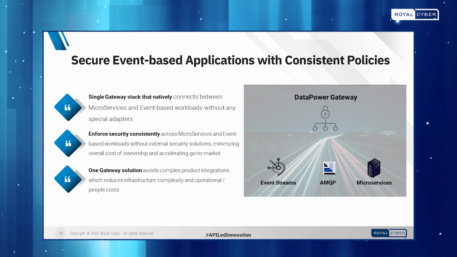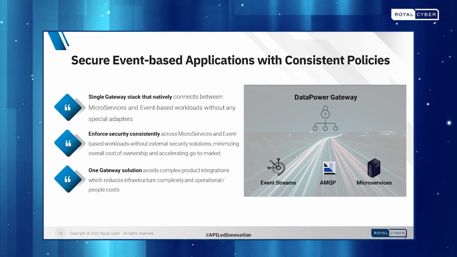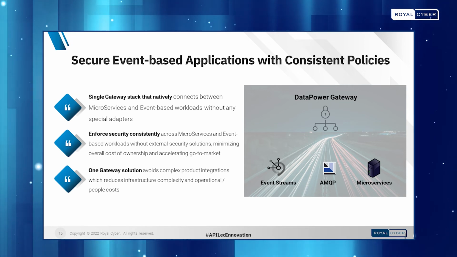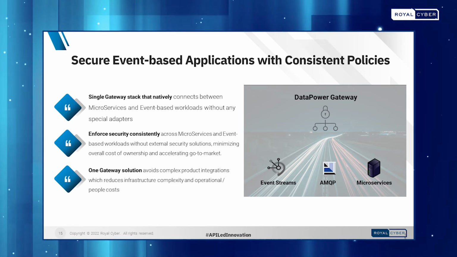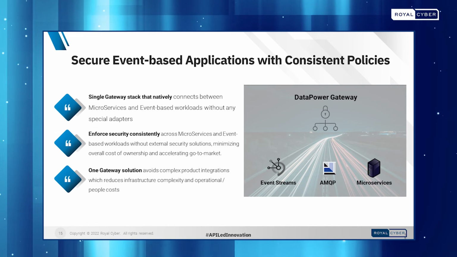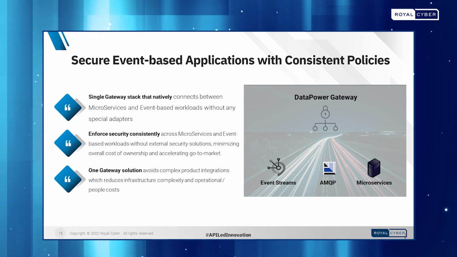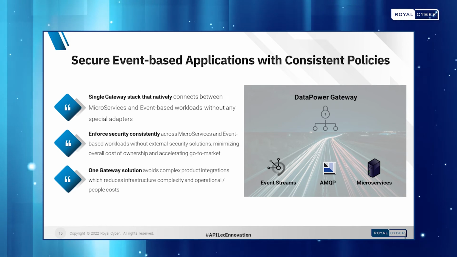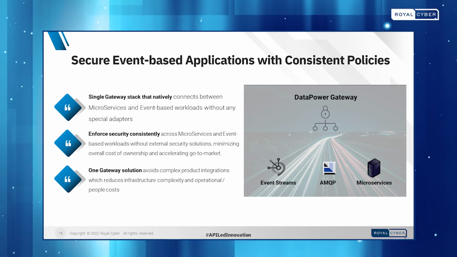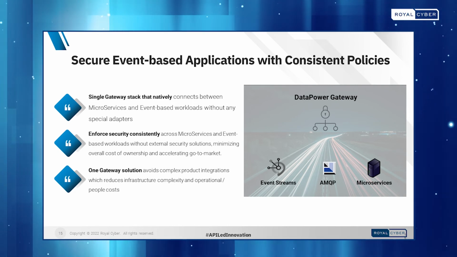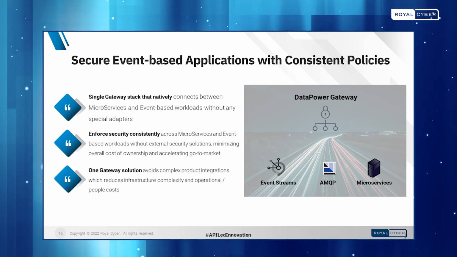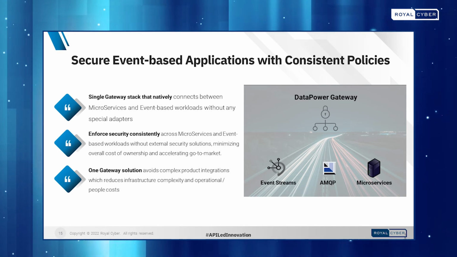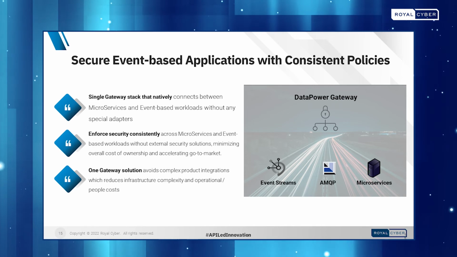With these integrations and features, you are provided a unified means to enforce security policies across all your microservices and event-based workloads. This will enable your organizations to bridge between different protocols and accelerate delivery of new solutions without modifying existing applications.